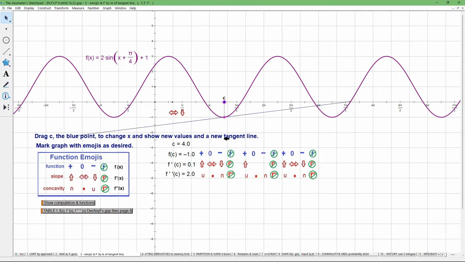Here I still have a negative. Here I have another 0. Here I have a positive. That's all the emojis are meant to do, is document what's being done on the page.